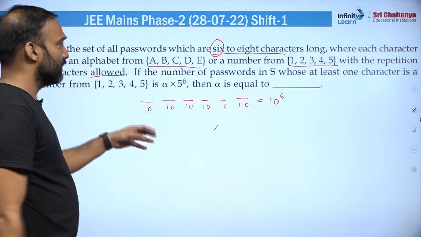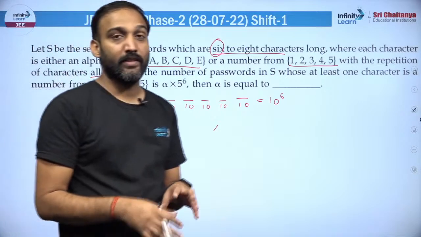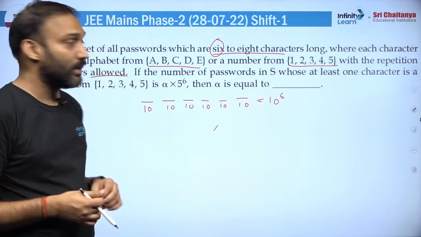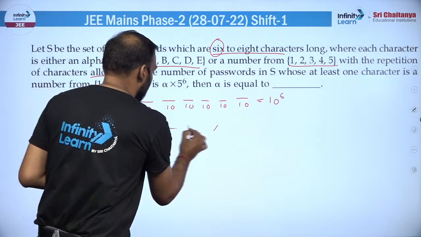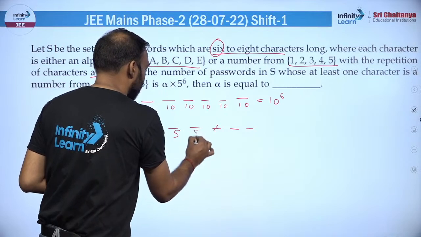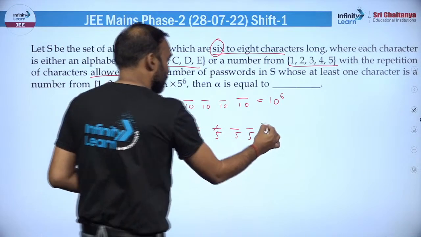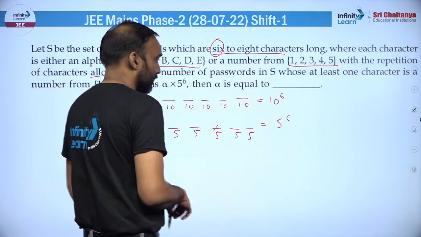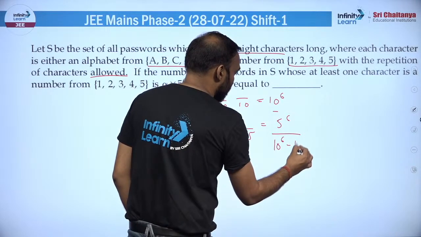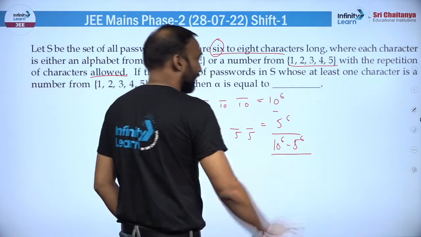But in this total, I'll get those passwords as well where there is no number used. So no number used means all of them are alphabets. So I'll find out how many are there where all of them are alphabets. So alphabets are 5, so every place can be filled in 5 ways. So I'll have 5 raised to power 6. So if I take the difference, I would be left with only those where one of the characters is a number.